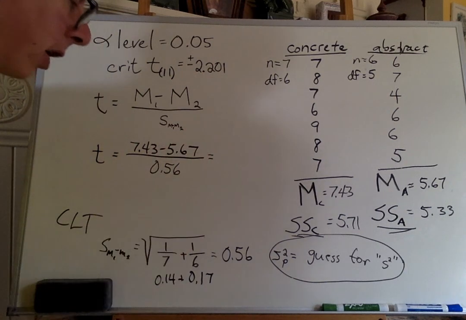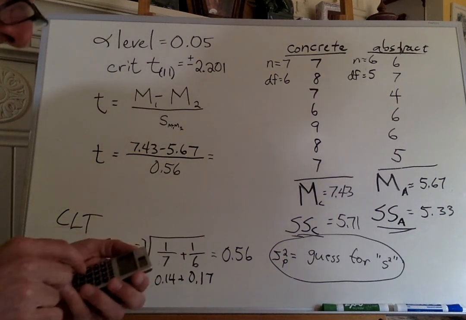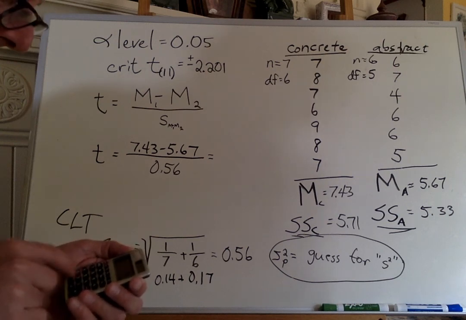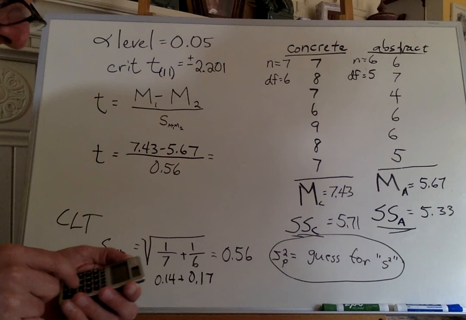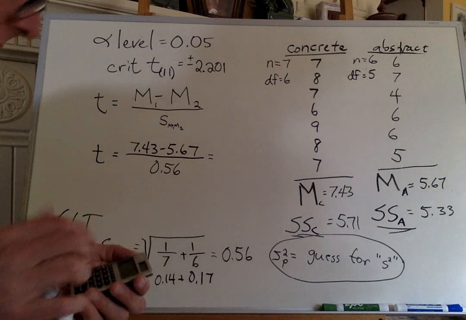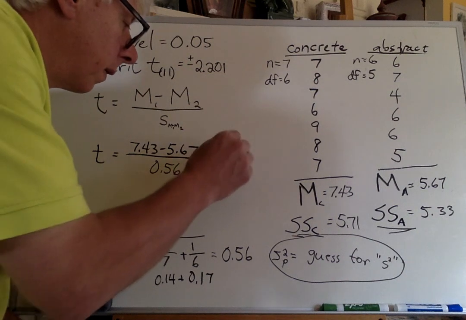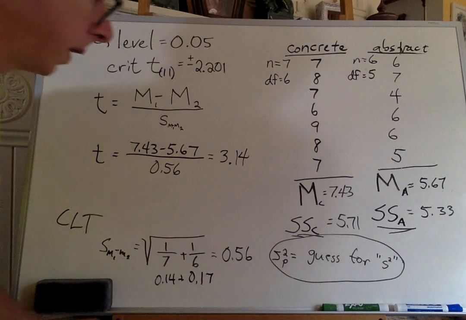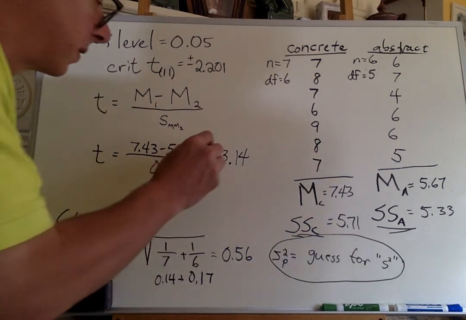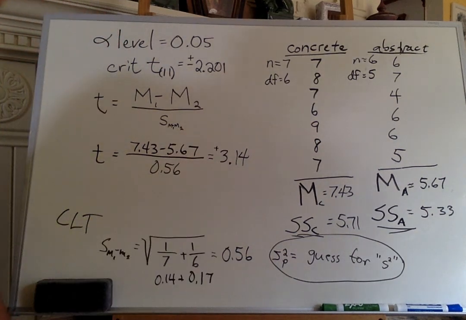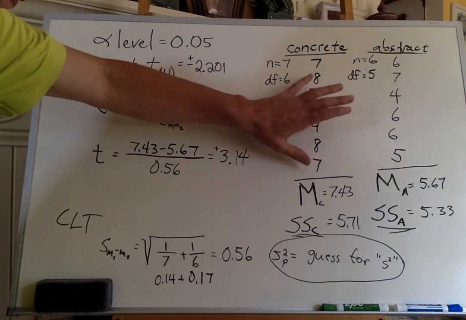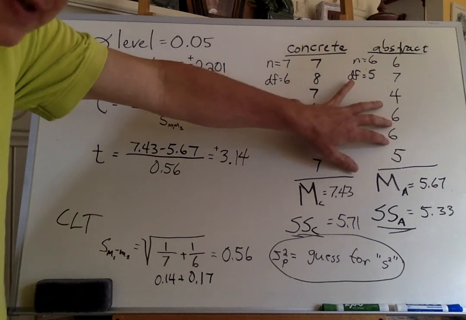Now we can get our observed value of T: 7.43 minus 5.67, divided by 0.56. So there's our T value, and in this case it's positive. All that tells us is that the first group is bigger than the second group.